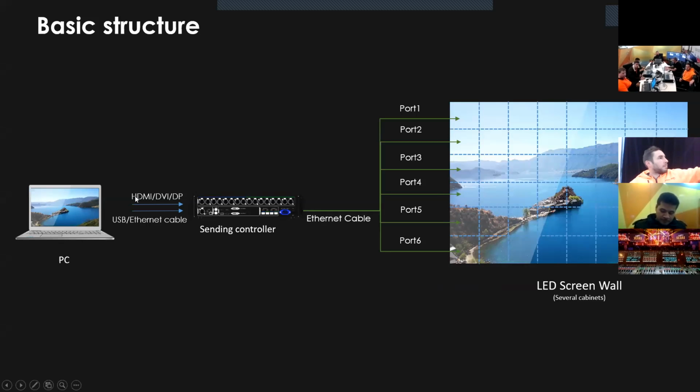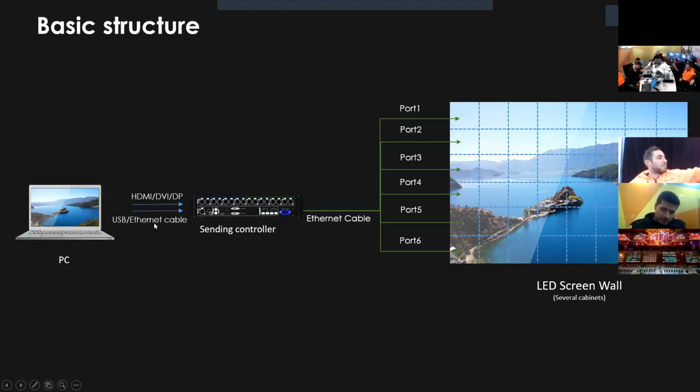And second, we need cables, HDMI, DVI, or DisplayPort, for giving the video source. And what about the USB or Ethernet cable? That is for controlling the sending card, to send the command.